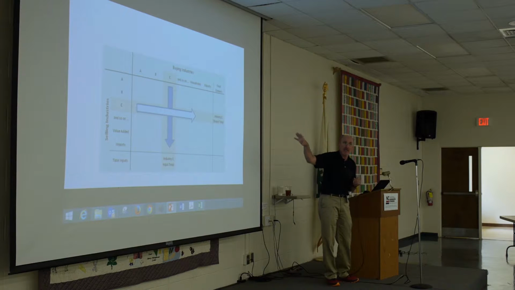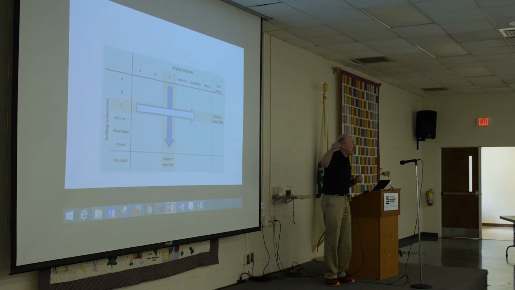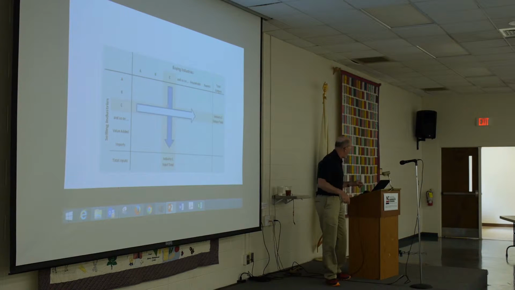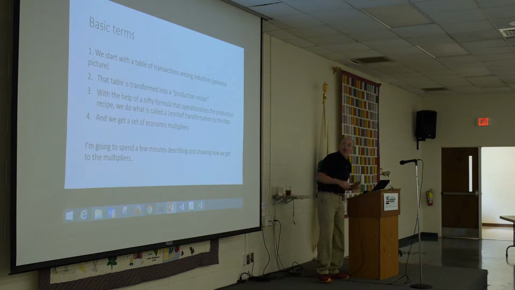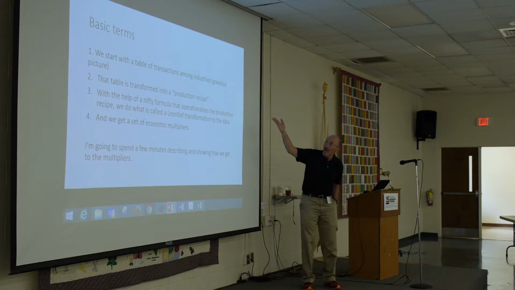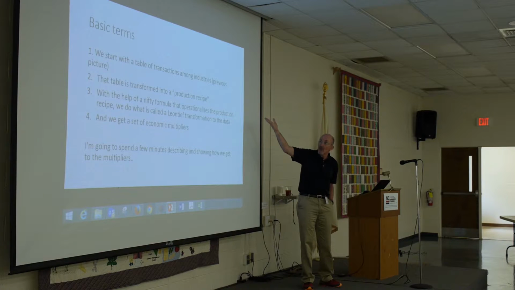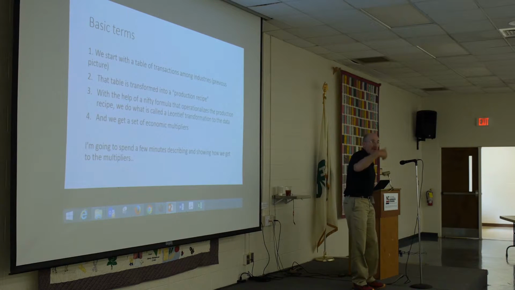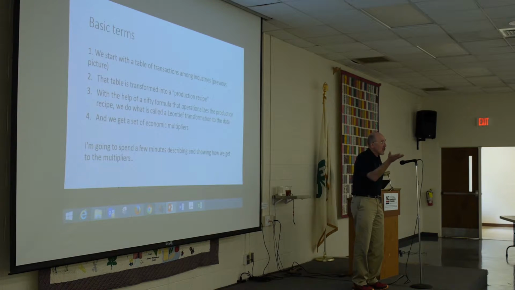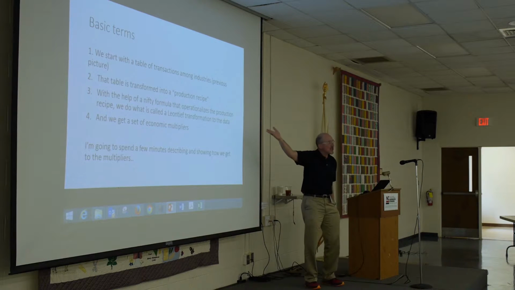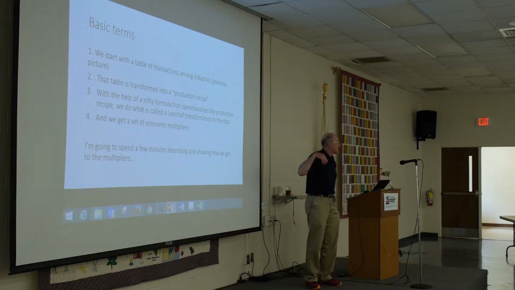Now, this math isn't a big deal. The reason I have to show you the math is because in processing the math, it identifies the components that I use in the spreadsheet to show you how a multiplier works. So we start out with this table of transactions. This table of transactions, then, is in a very elemental and simple step transformed into a set of what we might call direct requirements or production functions to a degree, but I'm just going to call it the regional production recipe.